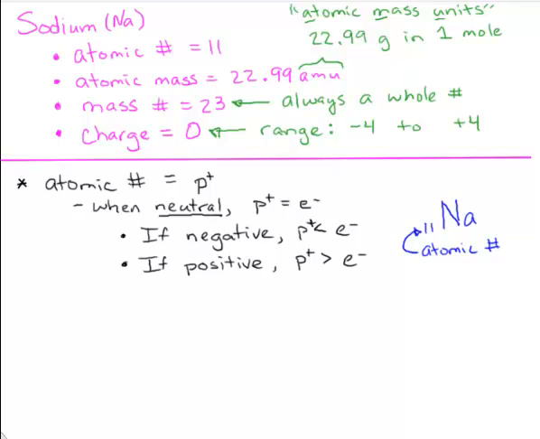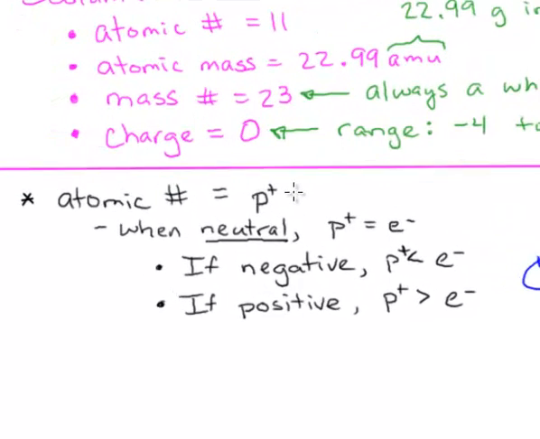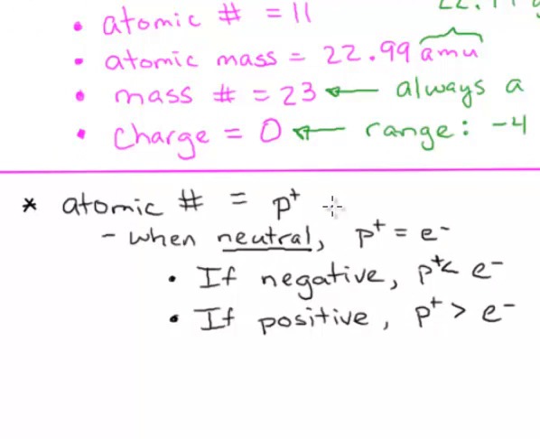Now let's take a closer look at the atomic number. The atomic number is also the number of protons in a given atom or given element. When the atom is neutral, that is, it has no charge, the number of protons will equal the number of electrons. However, if it is negative, the number of protons is going to be less than the number of electrons. If it's positive, the protons will exceed the number of electrons.